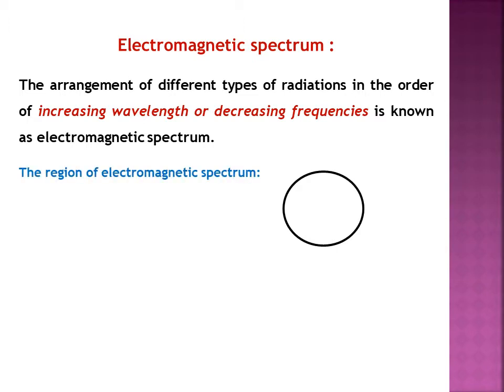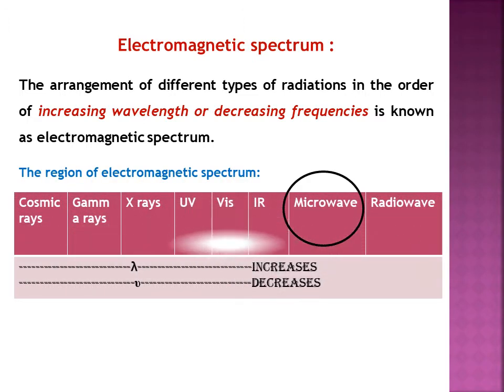You can see in this picture: cosmic rays, gamma rays, X-rays, UV visible, IR, microwave and radio waves. The wavelength increases from cosmic rays to radio waves, and the frequency decreases from cosmic rays to radio waves.